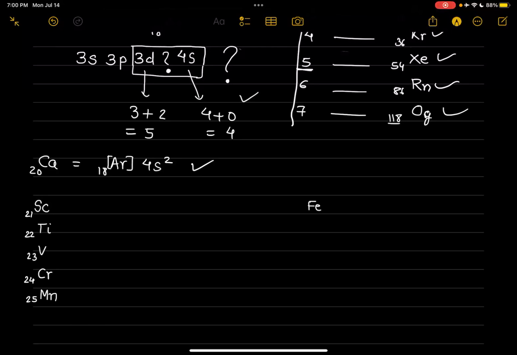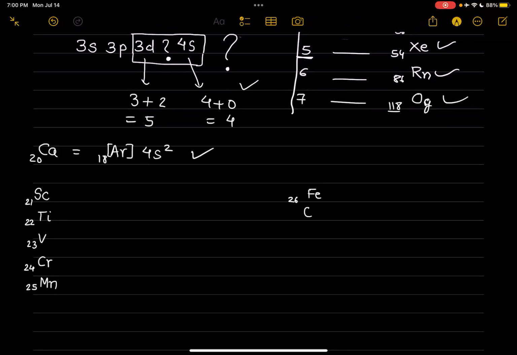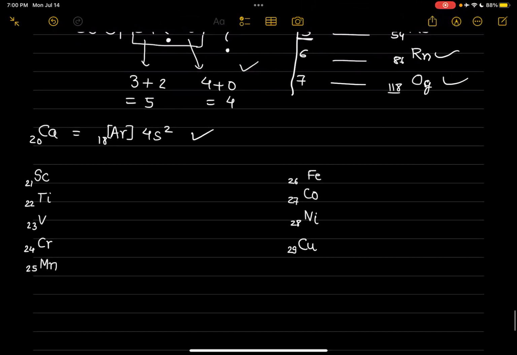Then you have iron, the 26th element, cobalt, nickel, copper, zinc.